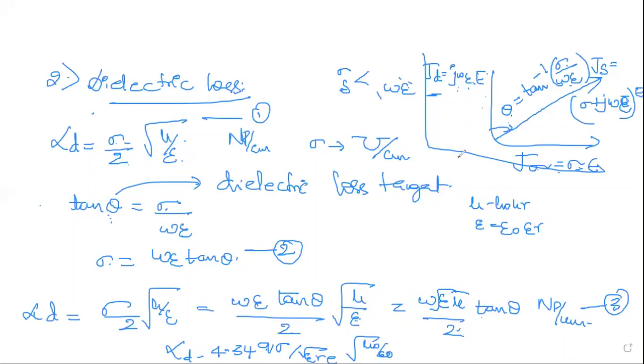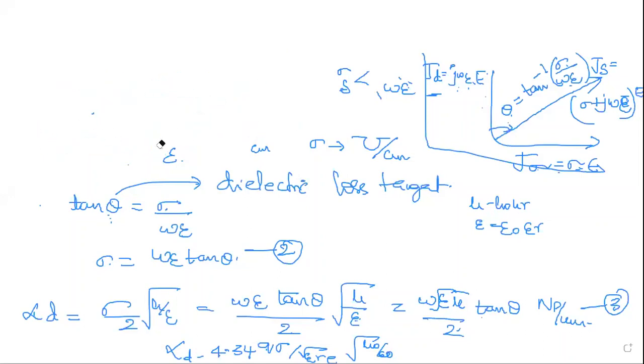Wait, I'll write it once more in the above equation. Alpha d is equal to 4.34 q sigma by epsilon re, which is effective dielectric constant, square root of mu naught by epsilon naught. There is no derivation again.